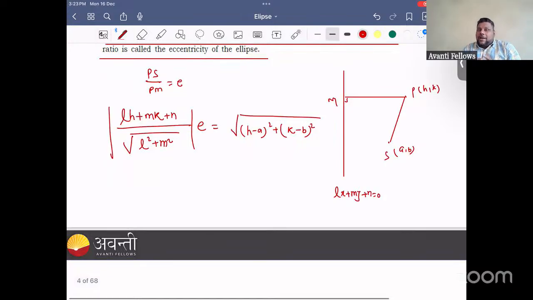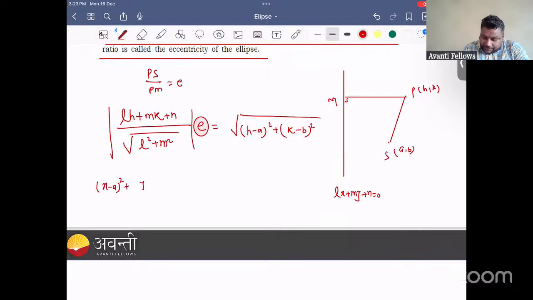Got it? So if you see any equation written in this particular format, that will be the equation of an ellipse if this E given in the equation is less than 1. Like I give an example: (x minus a) squared plus (y minus b) squared is 1 by 4 times (x plus y plus 3) upon root 2, whole squared.